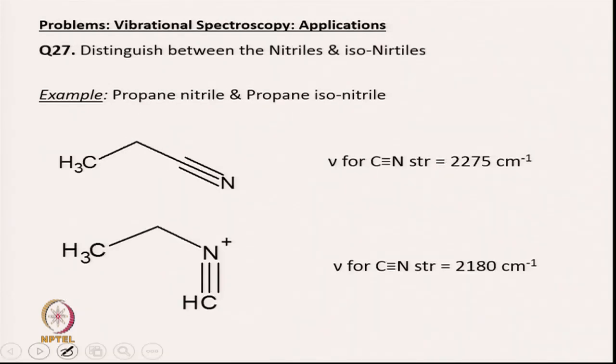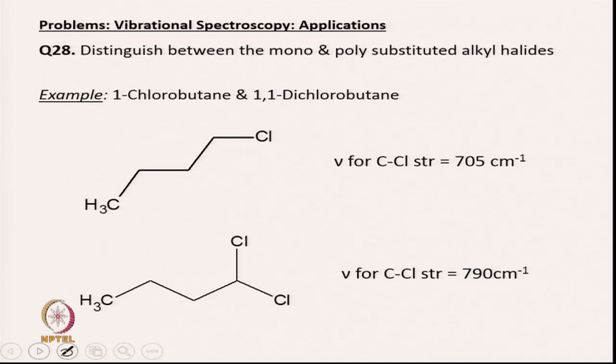We can also distinguish between nitrile and isonitrile using vibrational spectroscopy. For the nitrile compound, the frequency for C triple bond N stretching will be at 2275 cm^-1, whereas nu for the isonitrile will be at 2180 cm^-1. So using that you can distinguish between nitrile and isonitrile.